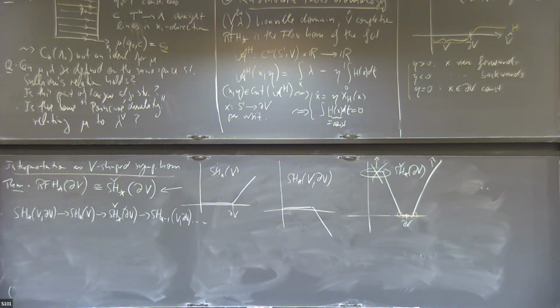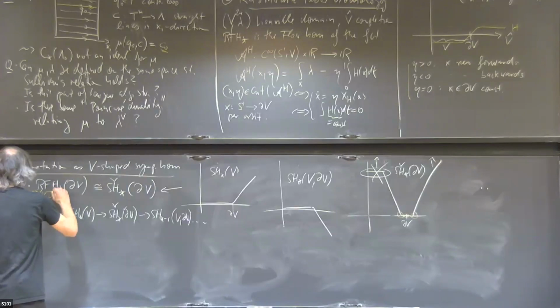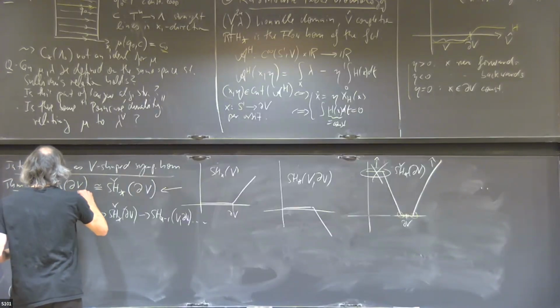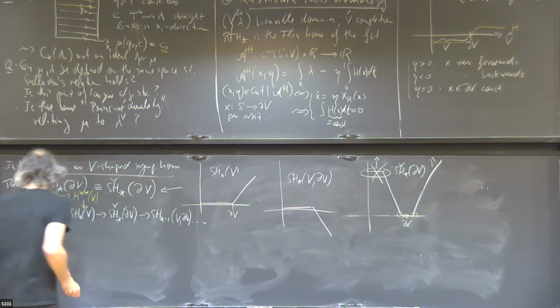But it's actually related to singular cohomology. So this map here, and this will play a role, it actually factors through singular cohomology of V, and then going this way.